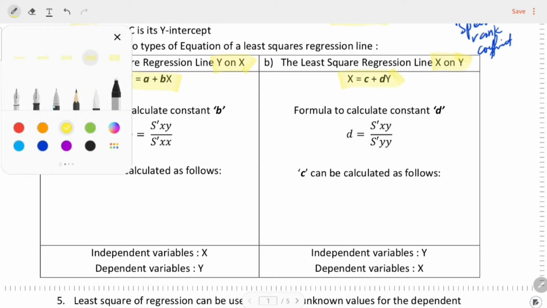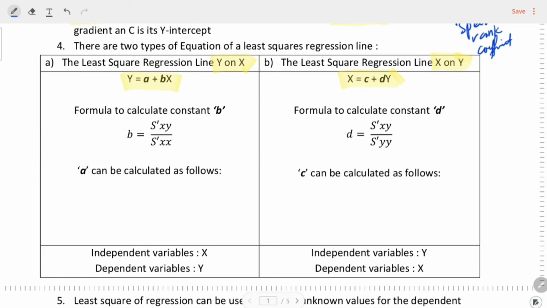It works the same way: in the first line, y on x, a is your y-intercept and b is your gradient. For the regression line of x on y, c is your y-intercept and d is your gradient. How do I find this? By comparing it with y equals mx plus c, the basic linear equation.